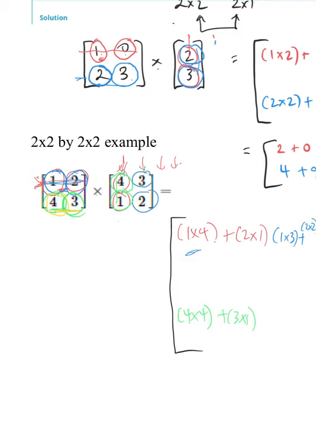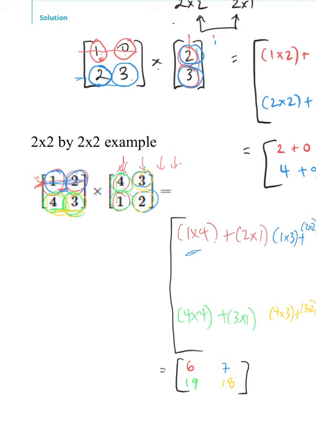So 4 times 3, and then plus 3 times 2. And then if I put that all together, all right, so I've calculated 4 times 1 plus 2 times 1, which is 6.